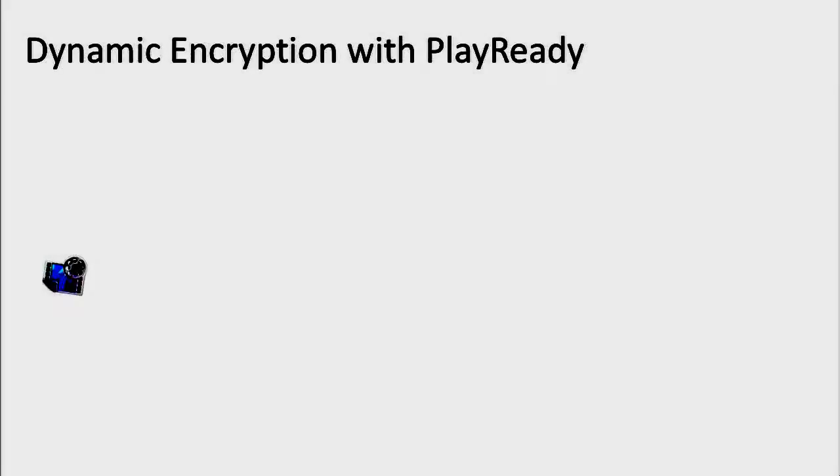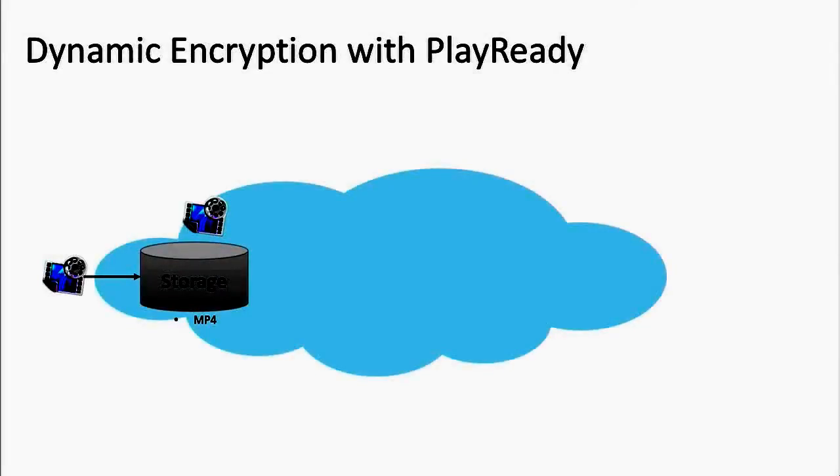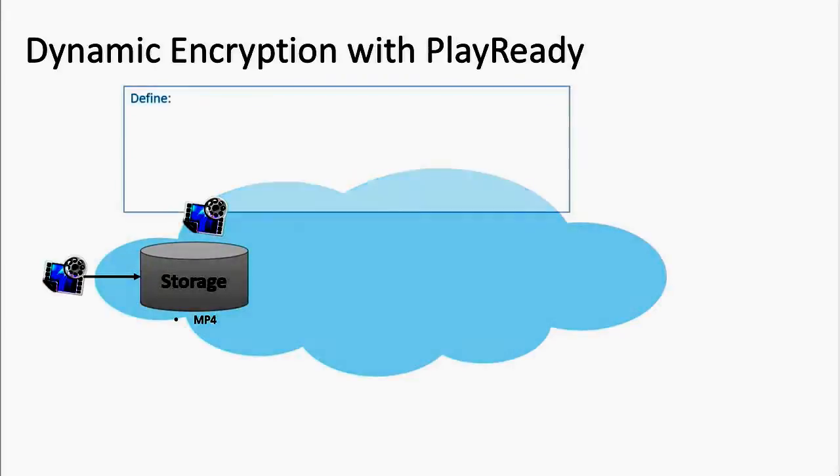First of all, you upload a media content into our cloud, and we could store it securely in our blob storage. We request you to encode the video into multi-bit rate MP4 and configure the following.